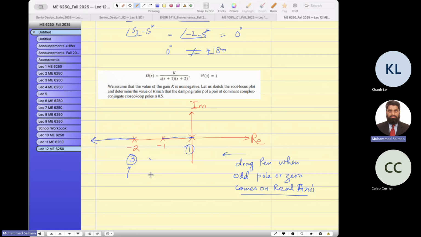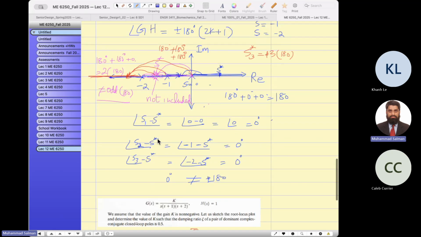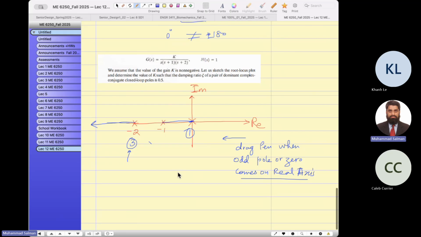So you see, it's the same root locus which we found through the math, and which we are finding through the graphical representation. You drag your pen when you hit an odd number of poles or zeros. It doesn't matter. Zeros are the numerator roots. You understand that?